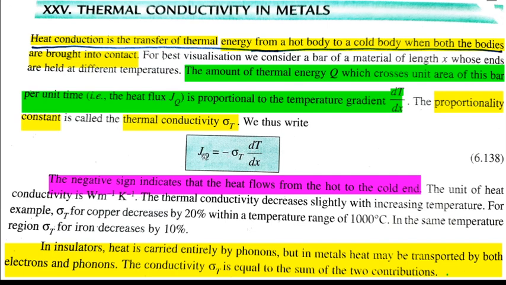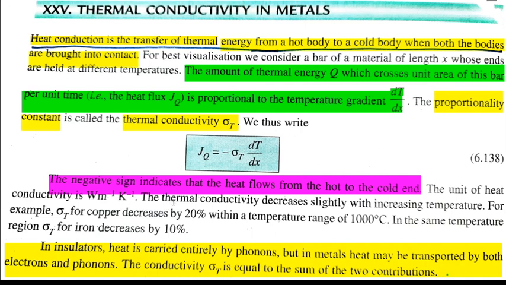So, if J_Q, the heat conduction, has the unit watt, and watt is divided by dT by dx, the unit becomes watt per meter per Kelvin.